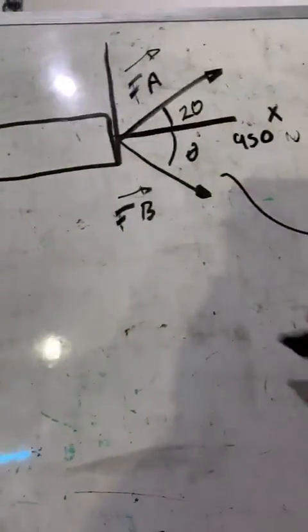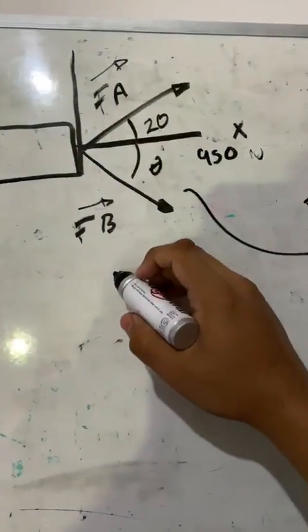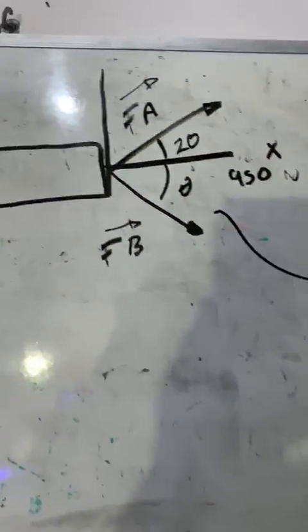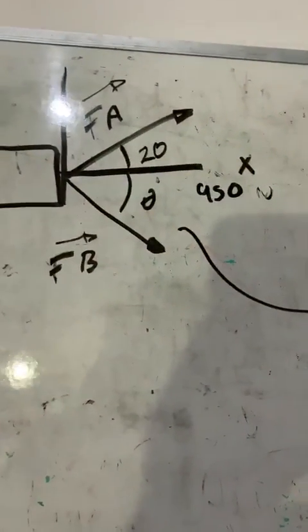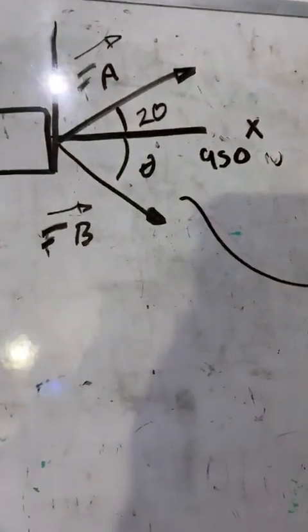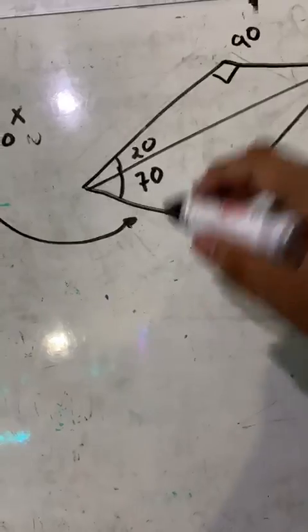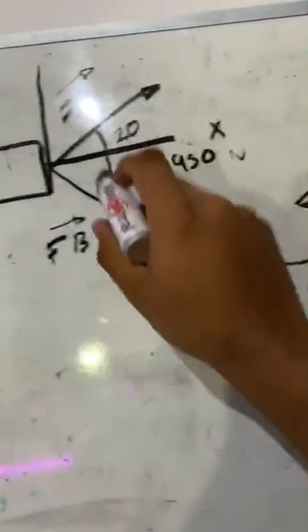So to calculate the force B, we need to know what is the angle theta. And remember that we are using the parallelogram method. So I draw here a parallelogram, and this is representing this.